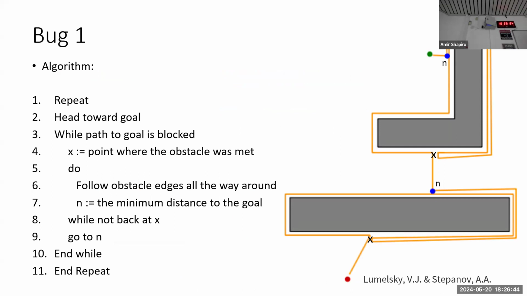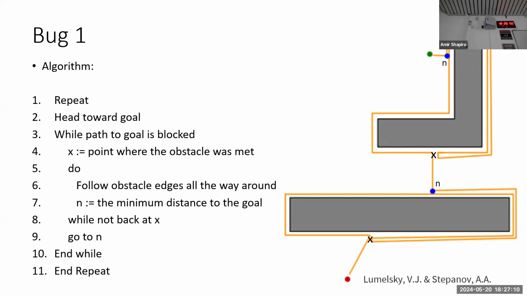X is the point where the obstacle was met. Then follow the obstacle edge all the way around. N is the minimum distance to the goal. So N will be the point from which the distance to the goal is the minimum.